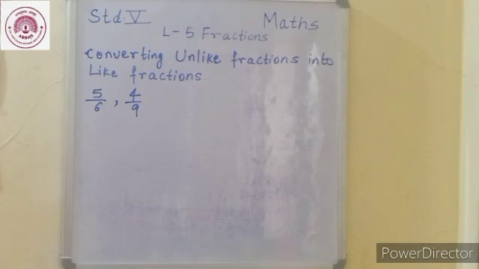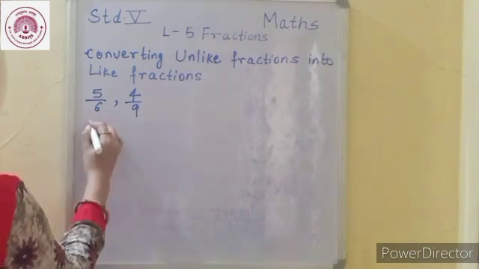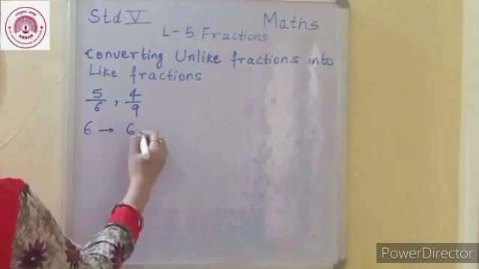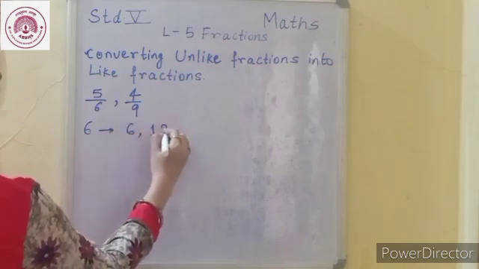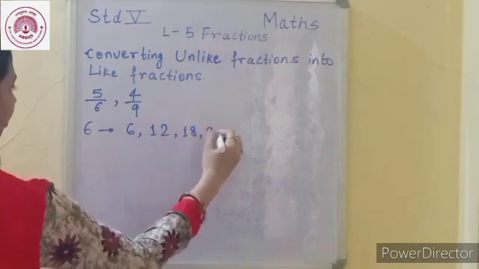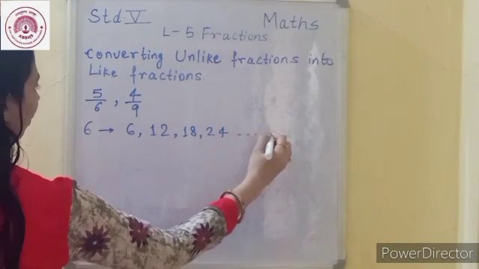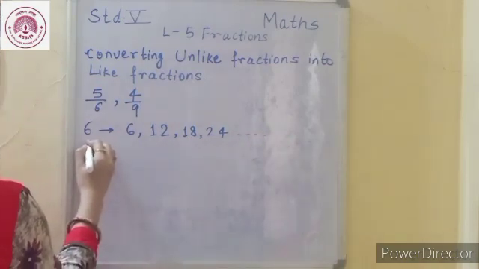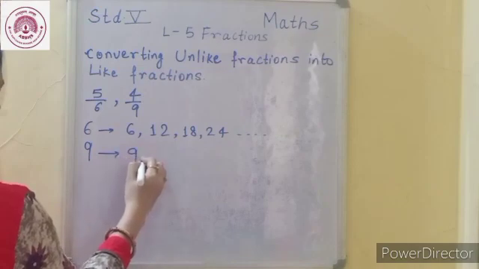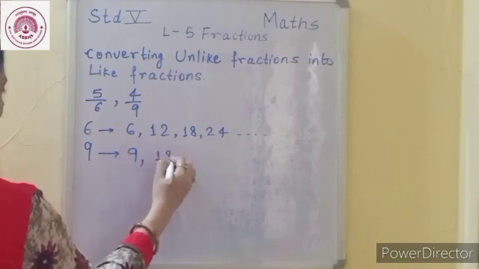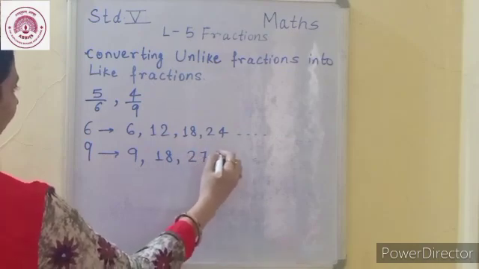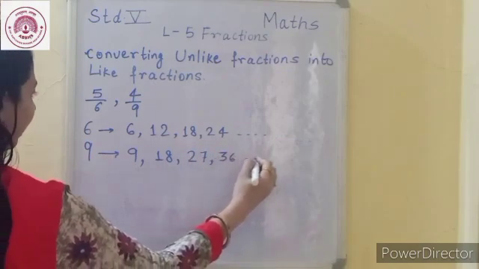So, finding common multiple. Multiples of 6 are 6 ones are 6, 6 twos are 12, 6 threes are 18, 6 fours are 24 and so on. Similarly, multiples of 9 are 9 ones are 9, 9 twos are 18, 9 threes are 27, 9 fours are 36 and so on.